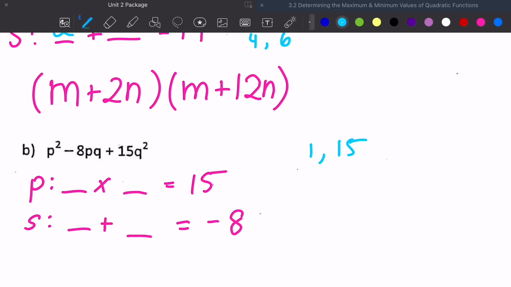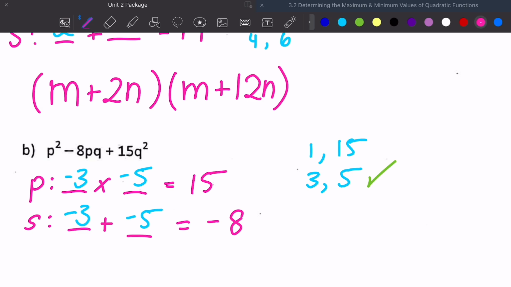What else? Not 2. 3. 3 and 5. And I think that's it. That's the end. Short list. Which one of these is going to make 8? Thank you, Harlow. Negative 3 and negative 5. Because that multiplied together, two negatives make a positive. And negative 3 plus negative 5 makes negative 8.